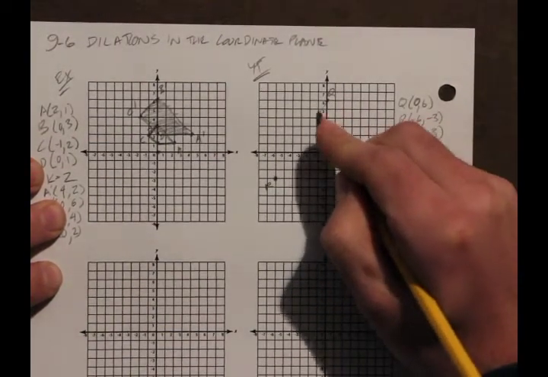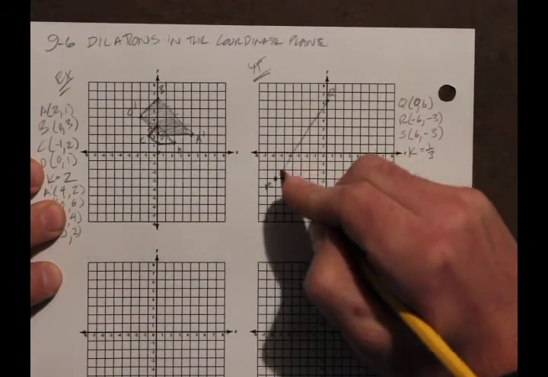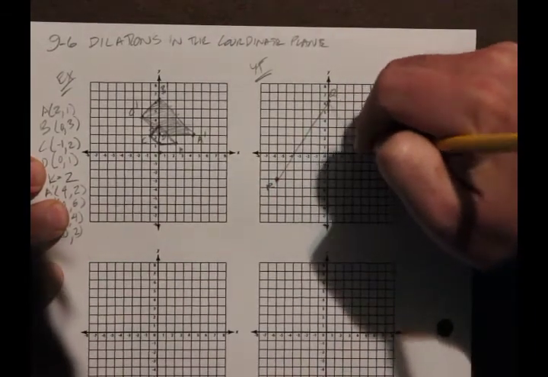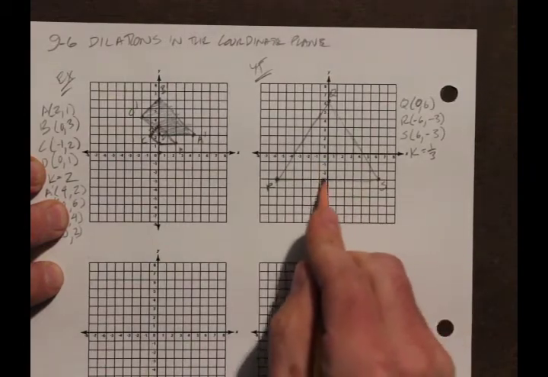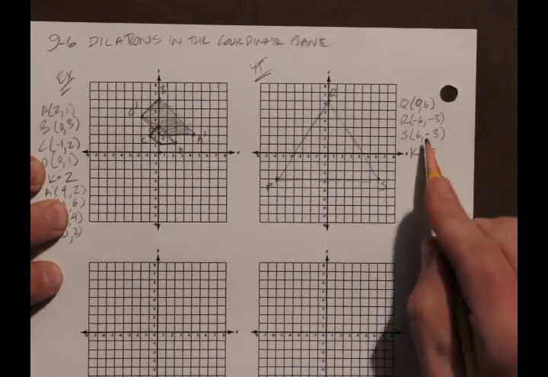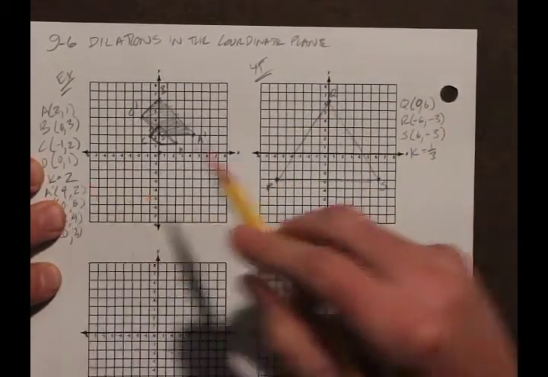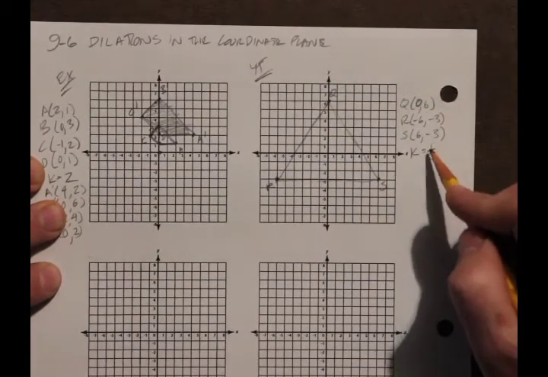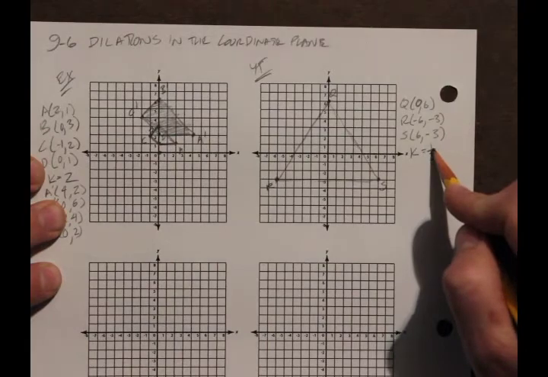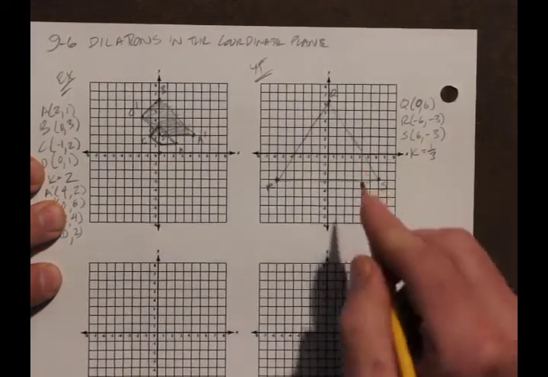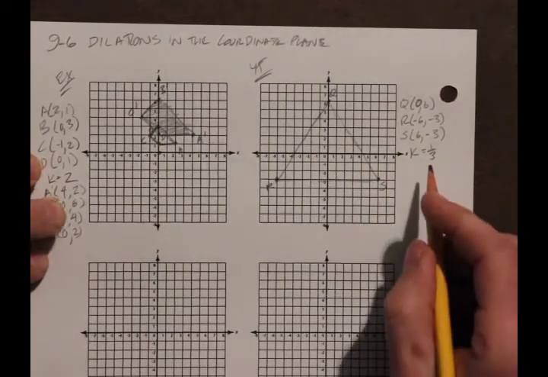QRS. Right, so I have this huge triangle here, and in order to do my dilation, I multiply, as I did on this first one, each value x and y by 1/3 to get my new image.